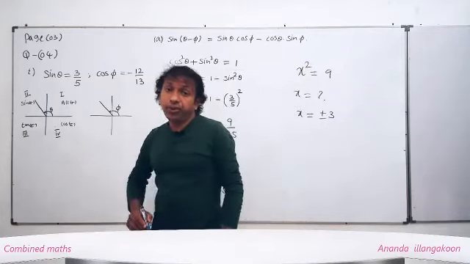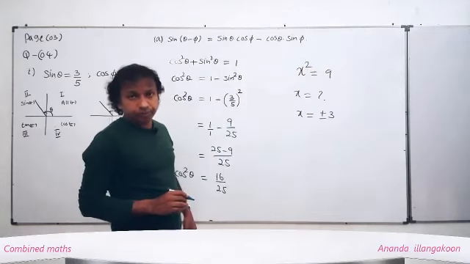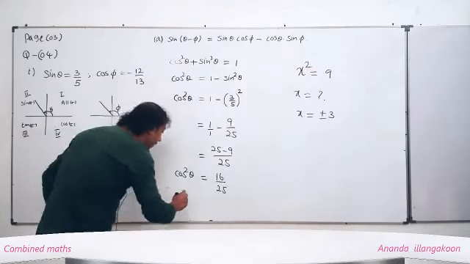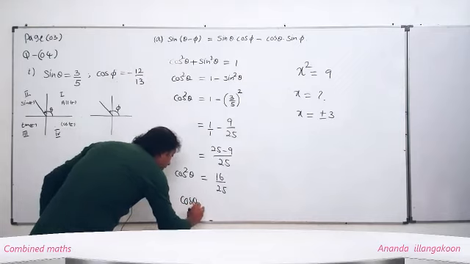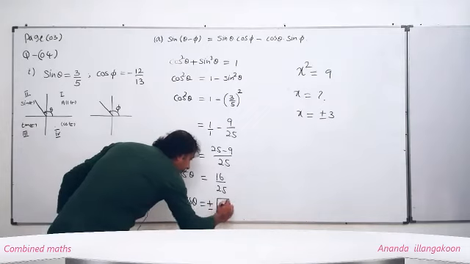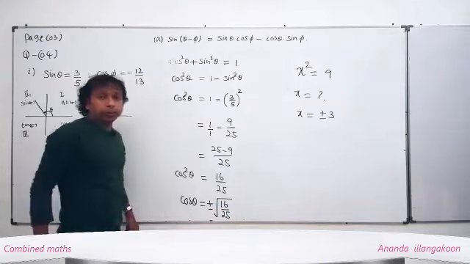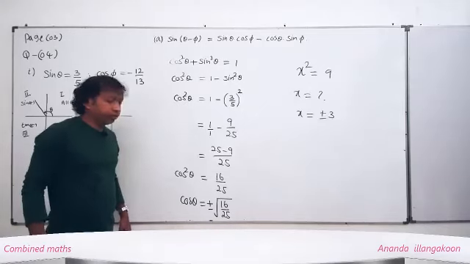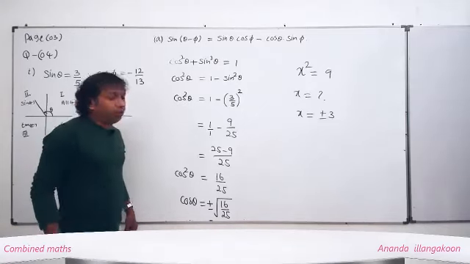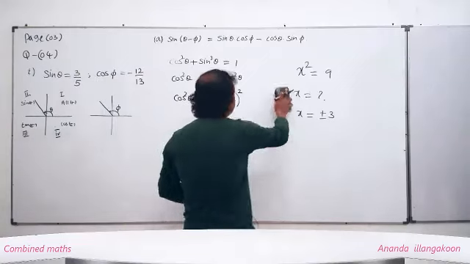So that is why we say x can have 2 answers, plus 3 and minus 3. Like that, when you take the square root to find this cos theta, we have to put plus or minus the square root of this. Then we can take the answer of this cos theta like this.